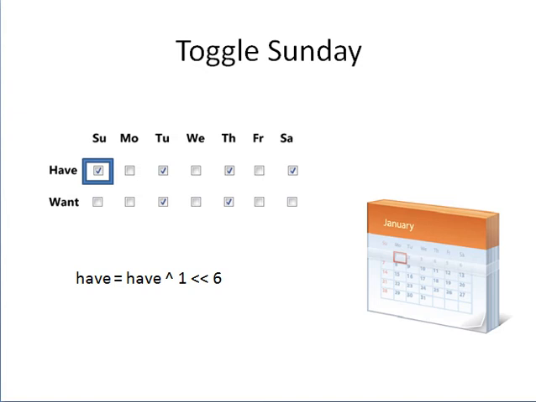So the first time we run it, we'll have one exclusive OR with 1, and 1 and 1 are the same, so you get 0 instead, and that would uncheck Sunday. And if you run the same operation again, you will be computing the exclusive OR between 0 and 1, and that will give you 1, which will check Sunday again. In other words, the exclusive OR operator is very convenient to implement a ping-pong switch.